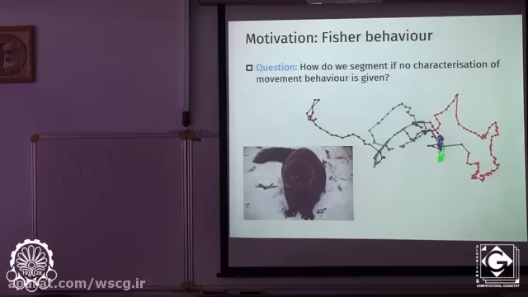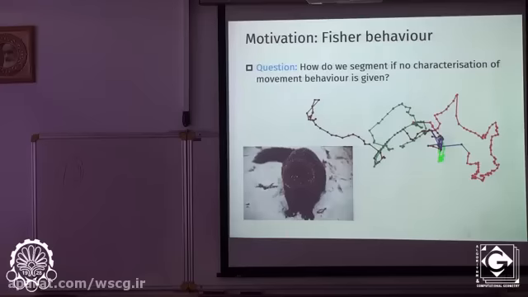If somebody has a data set like this and wants to understand what the behavior is, very often we cannot simply ask back, but what behavior, would you characterize that behavior? They want to know themselves what that behavior looks like. So in such a setting, you cannot use criteria-based segmentation if you don't know what the criteria should be.